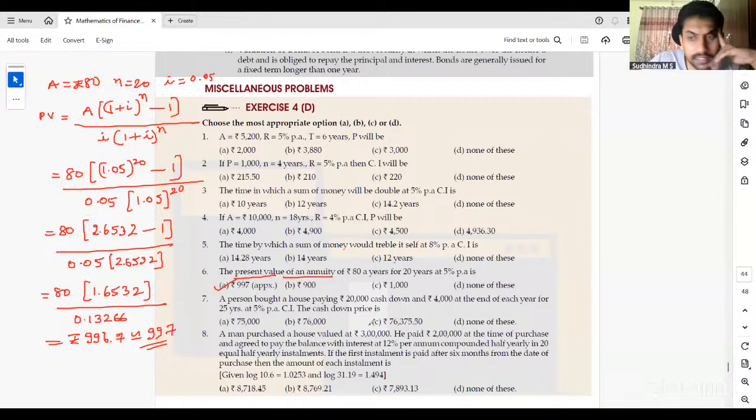Anyone still writing this? Those who have already completed question number 7. Yes, Tanushri, correct.